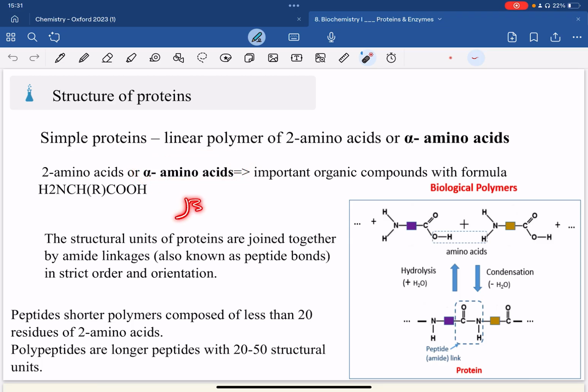We are not going to learn beta, gamma amino acids, only alpha amino acids. Basically, amino acids combine together by amide linkage, also known as peptide bond. You see, we can mention both names. We are going to learn about a few amino acids.